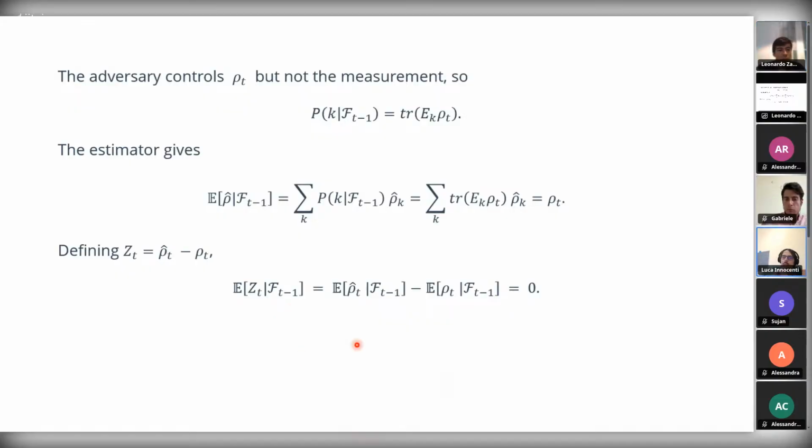Sorry, can I ask, what do you mean exactly by adversary here? So the idea is someone that prepares this state in a way that might make you maximize the estimation error or something? In what way is this an adversary?